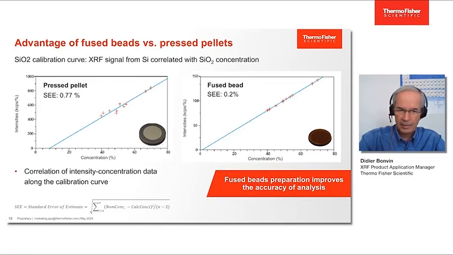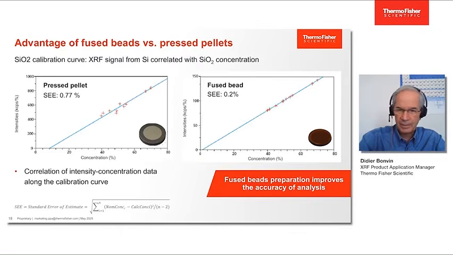Here we are talking about concentrations in the samples that vary from around 40% up to 70%. So again, it works best for the high level concentrations, which are required in many cases in mining applications.